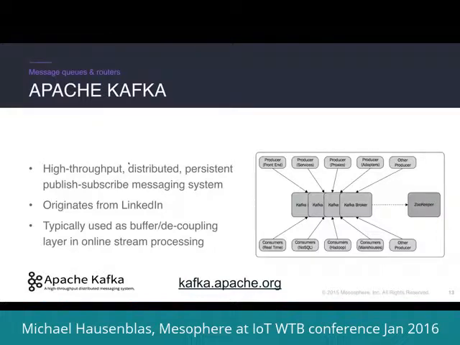The interesting thing about Kafka is that it is a persistent message queue, so it writes its data to disk very fast, with high throughput. It's distributed, so you can have multiple brokers, very reliable, and the number one component in any large-scale IoT stream processing setup, I would argue.